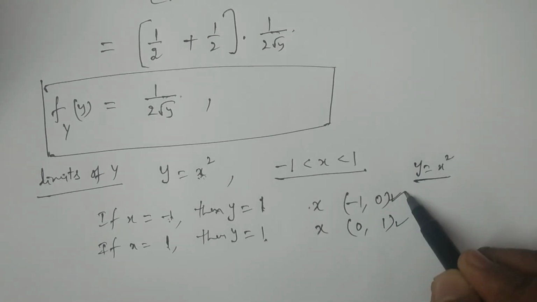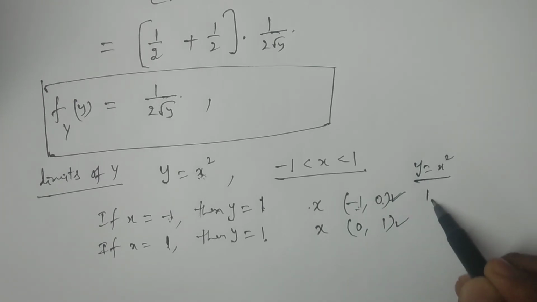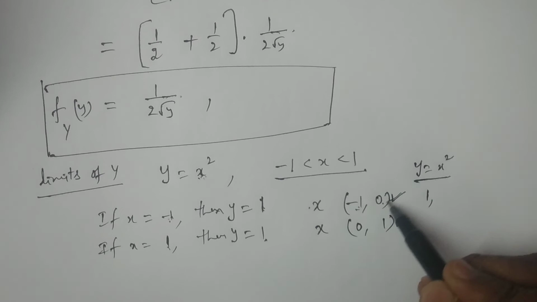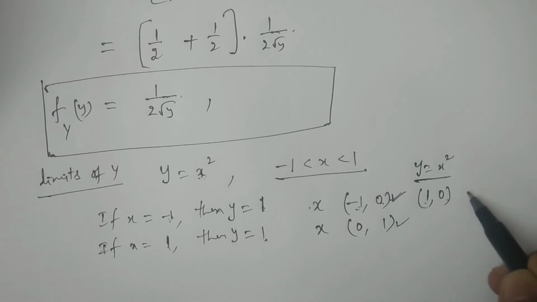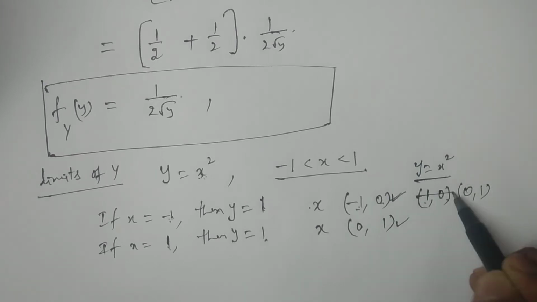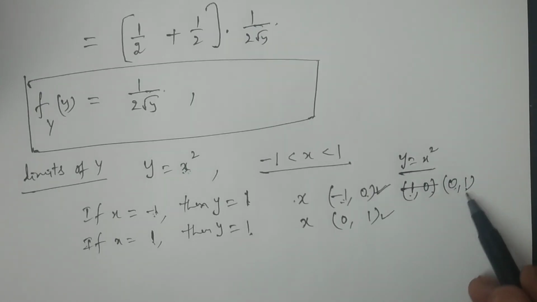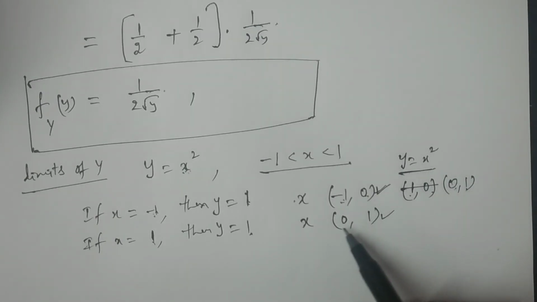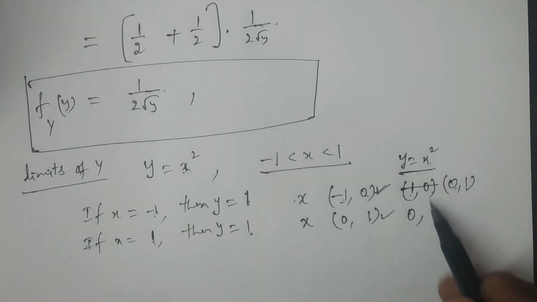Minus 1 whole square is plus 1, and if x is 0, then y is also 0, so the limits are 0 and 1, with the lower limit first and the upper limit latter. And if x is 1, y is also 1.